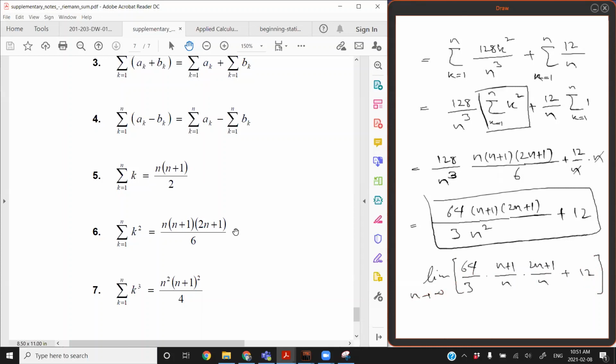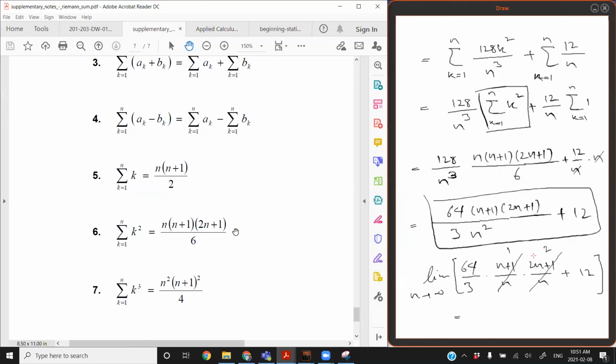I'm going to show you later, but trust me on this. The limit of n plus 1 over n as n approaches infinity is going to be 1. And the limit of 2n plus 1 over n as n approaches infinity is going to be 2.